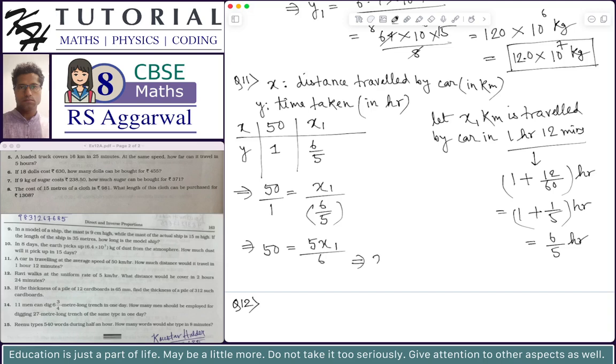This implies x1 is equal to 6 by 5 multiplied by 50. This is equal to 60 kilometer. So in 1 hour 12 minutes the car will travel 60 kilometer moving at the same speed.